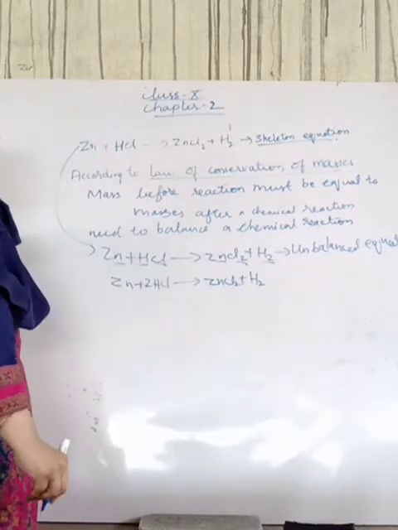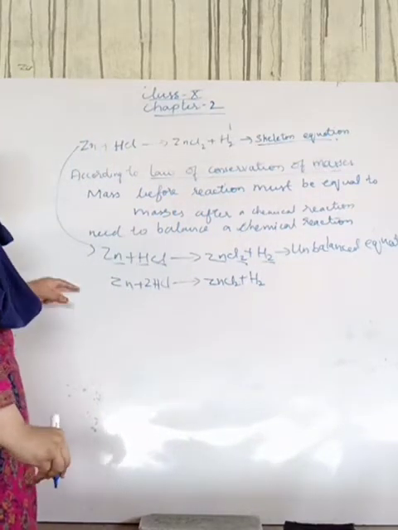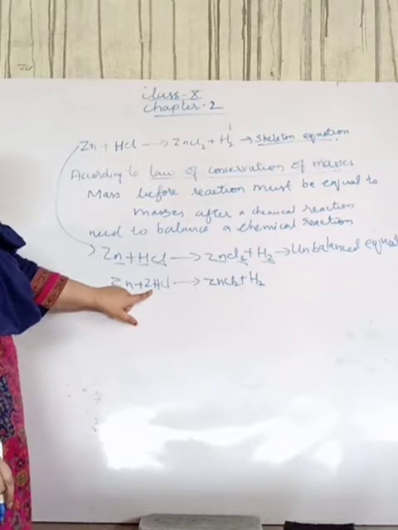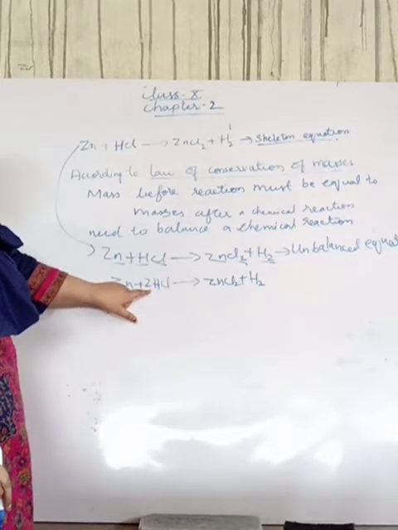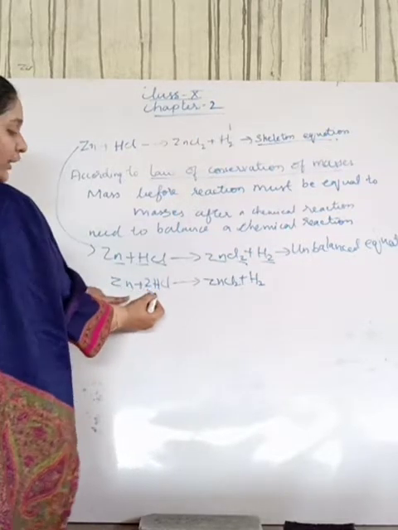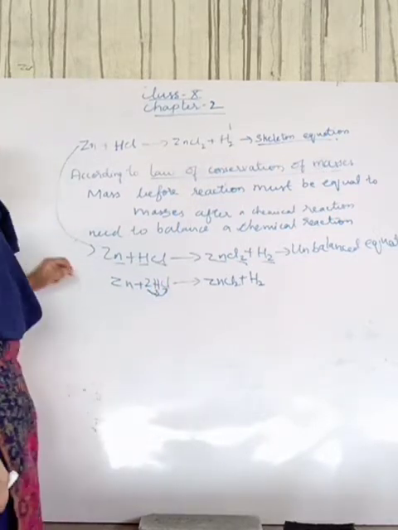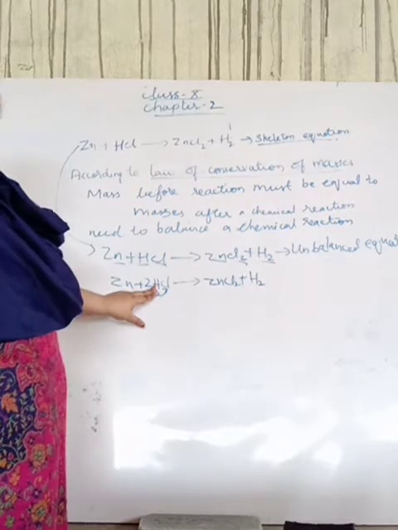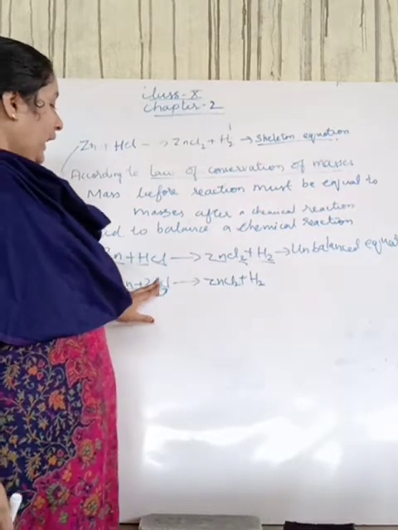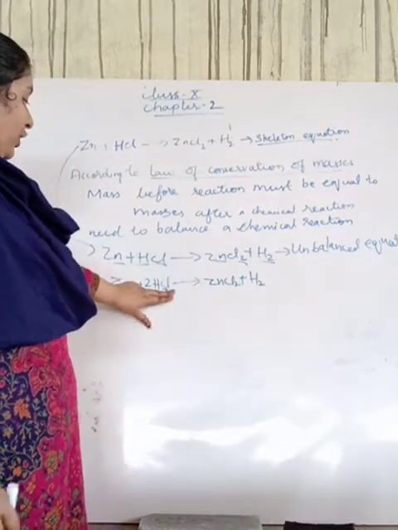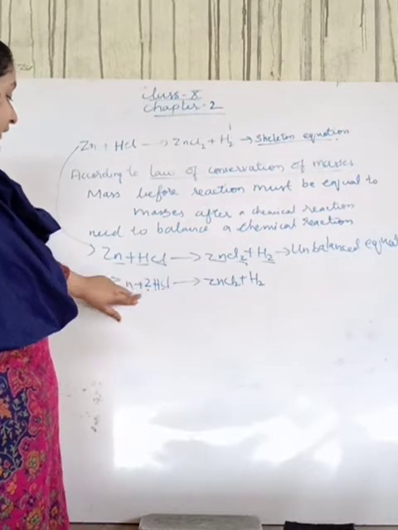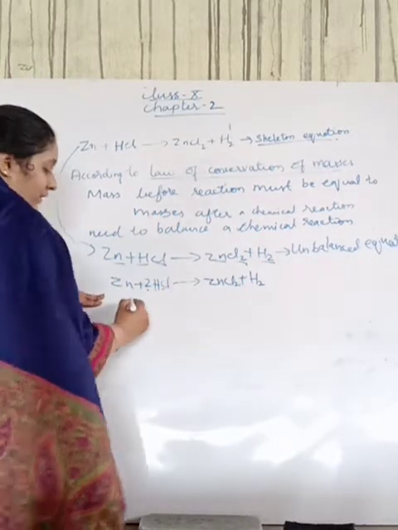So now you can see here what I have done: I have multiplied by 2 here. So what does it do? This 2 includes the H also, and the 2 includes the Cl also. This 2 is applicable for both hydrogen and Cl. So now we'll see, students, how many zinc atoms we have on the reactant side.